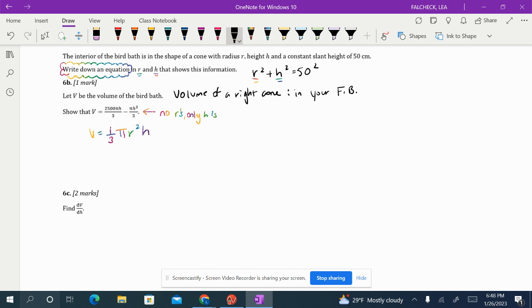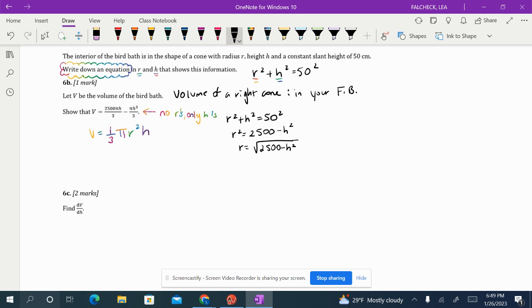We have R squared plus H squared is equal to 50 squared. We're going to want to get R squared is equal to 2500 minus H squared. R is equal to the square root of 2500 minus H squared. Okay, perfect. So now we have it in terms of H's only.